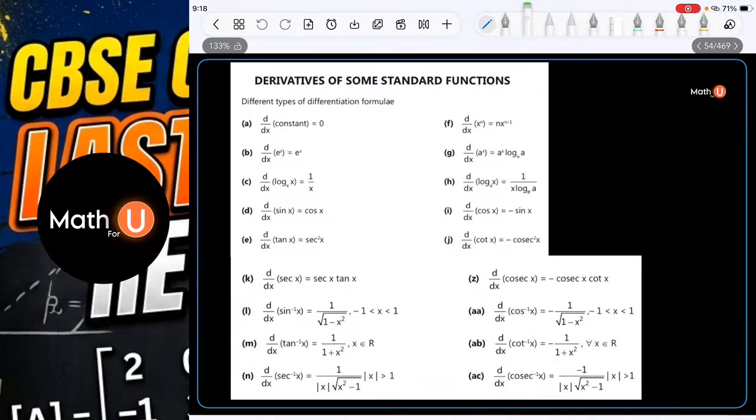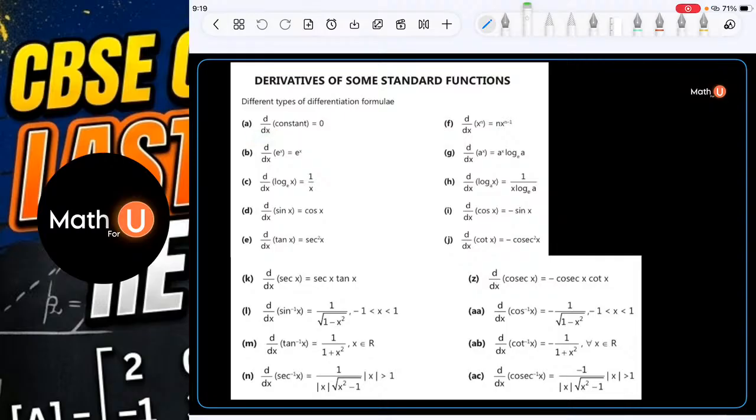So in differentiation, these are the basic standard function formulas you should know, very important. If you know these standard formulas, you will be able to solve any differentiation question.